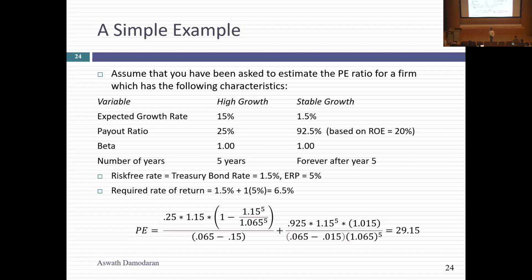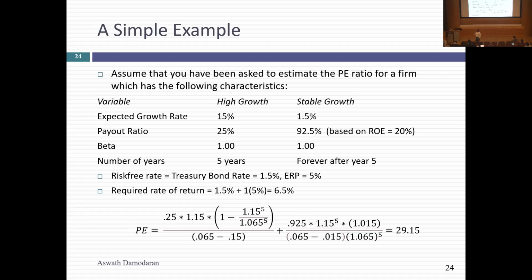For simplicity, I'm going to keep the beta the same in both periods. I don't have to. I could have had a high beta during high growth and a lower beta later, but let's keep the beta at 1. And finally, let's assume the equity risk premium is 5%. You know what the cost of equity for this company is going to be, right? With the beta of 1 and a risk-free rate of 1.5%, my cost of equity is 6.5%.